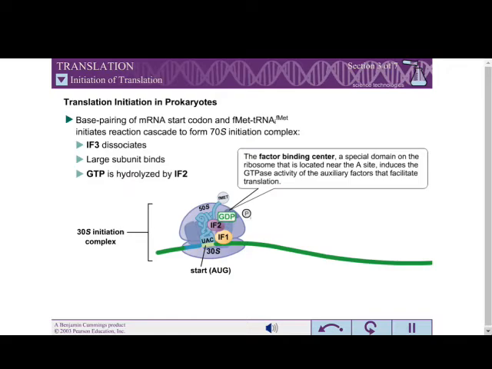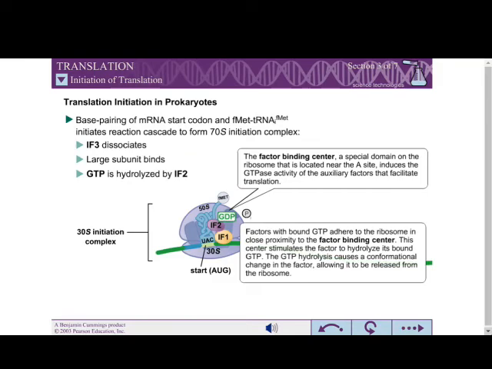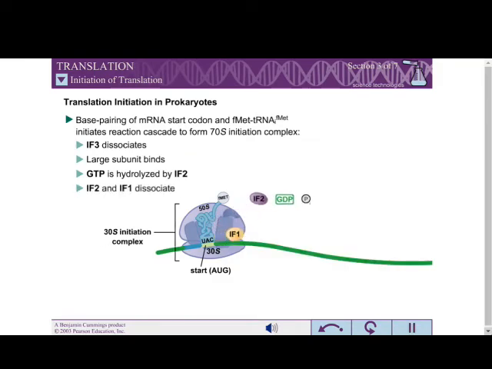Specifically, the factor binding center on the large subunit stimulates IF2's GTPase activity. Because the GDP-IF2 complex has a low affinity for the ribosome, IF2 and GDP, and then IF1, are all released. This is the 70S initiation complex. Protein synthesis can now begin.